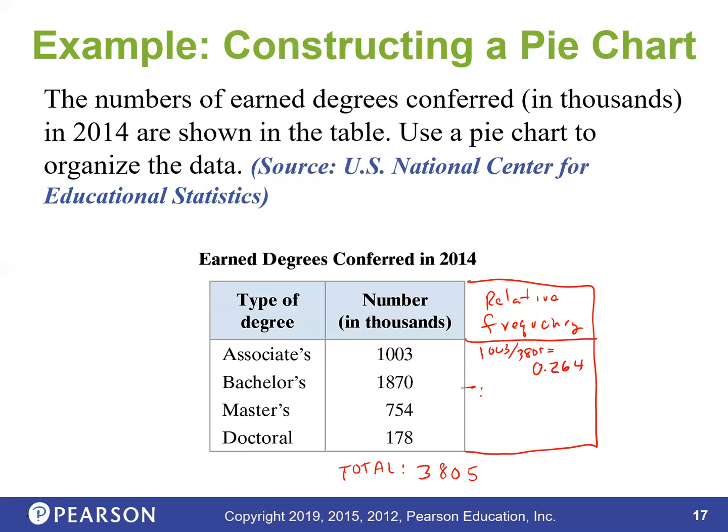This one's going to be 1,870 divided by 3,805. What do we get there? Sorry, tell me again.